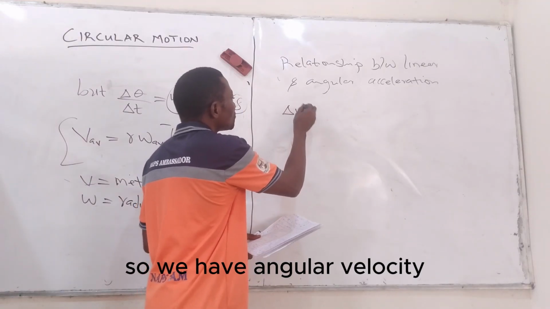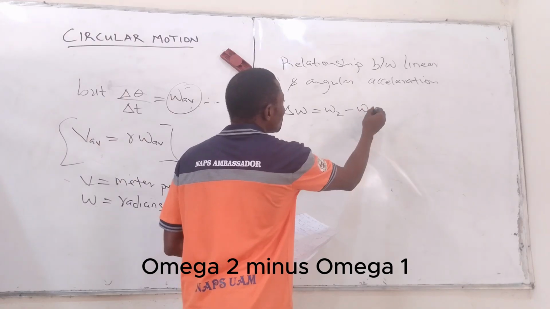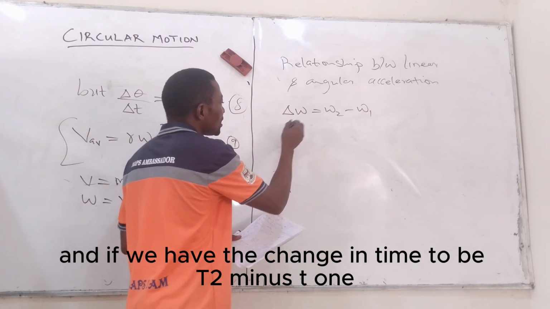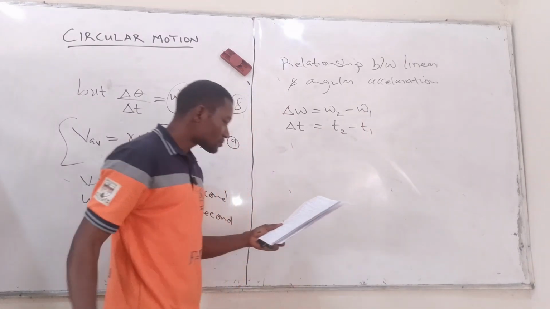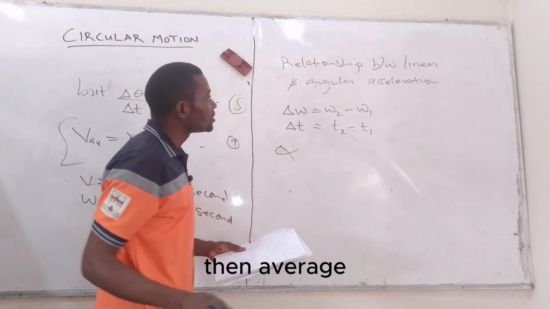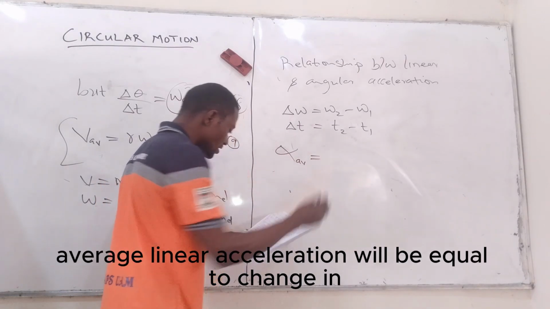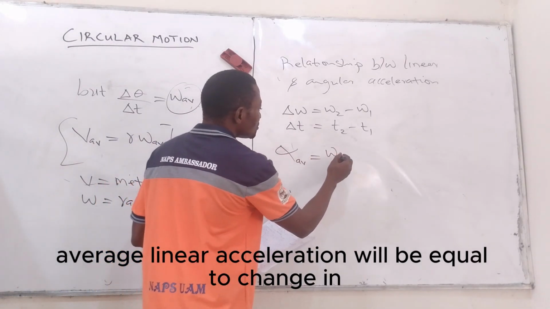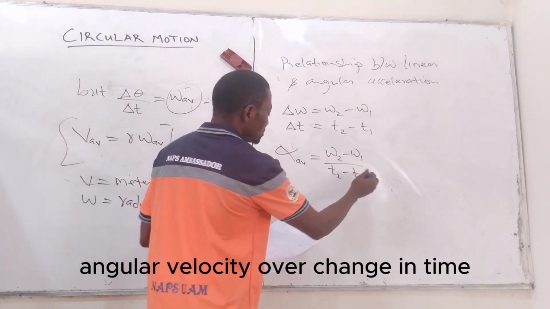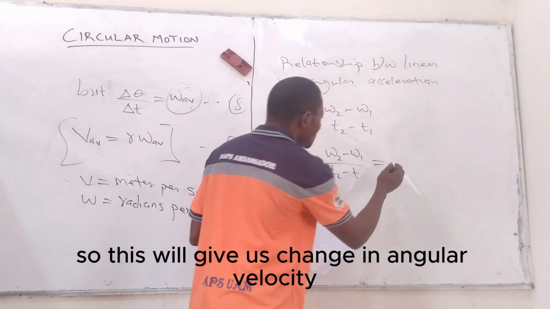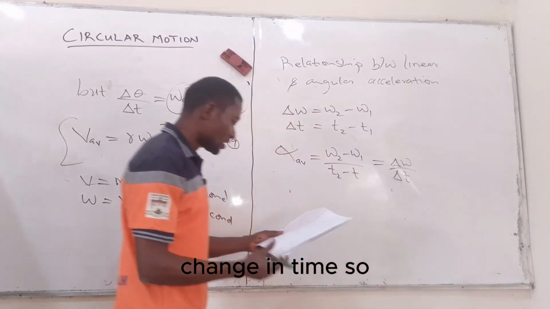So we have a changing angular velocity, omega 2 minus omega 1. If we have the change in time to be t2 minus t1, then average angular acceleration will be equal to change in angular velocity over change in time.